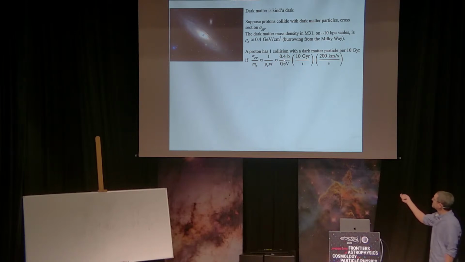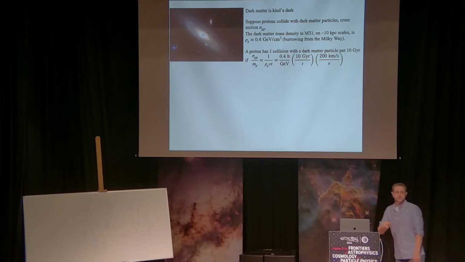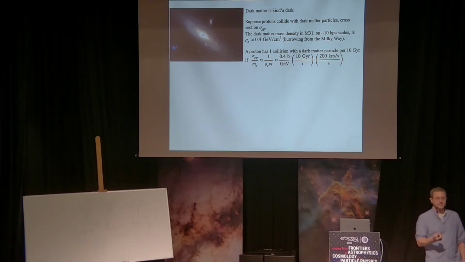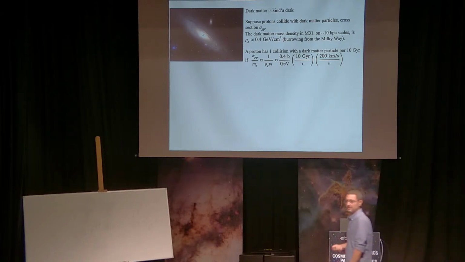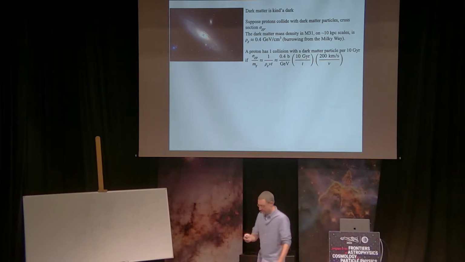So if the cross-section is in the ballpark of 0.4 barn per GeV, you're going to have about one collision in a gigayear. So now, some of you, the inflationaries in particular, are asking themselves, okay, so he's talking about 0.4 barn per GeV. What does it actually mean? How does it relate to our physical reality?